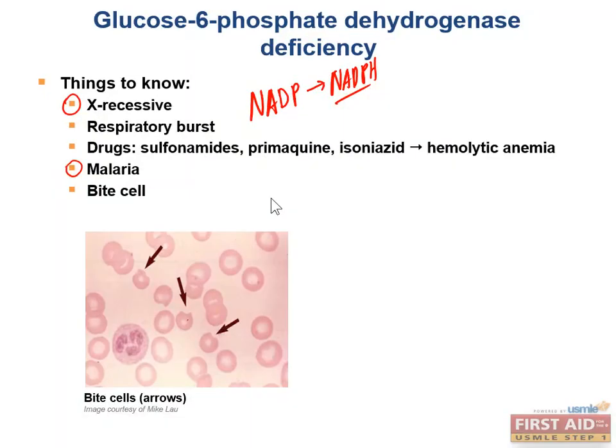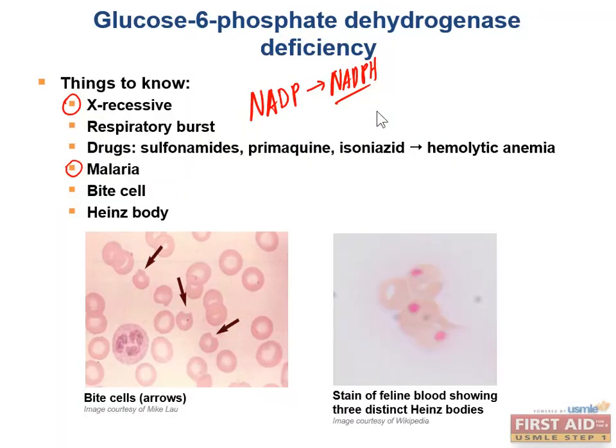In G6PD deficiency, the NADPH serves a protective antioxidant role to the red blood cell. I am trying to drive that point home to you right now. If you're not able to produce this NADPH, you aren't able to generate the reduced form of glutathione, which is going to be protective to the cell from hydrogen peroxide damage.